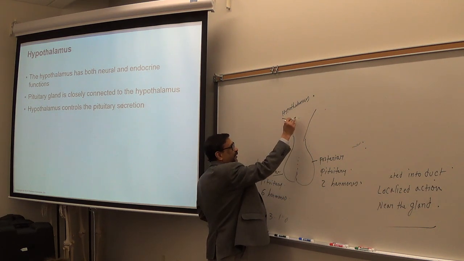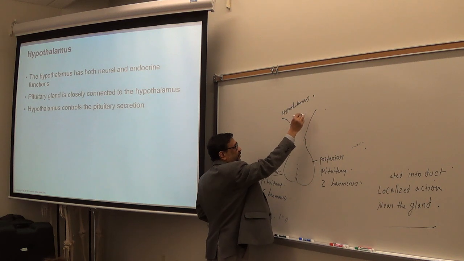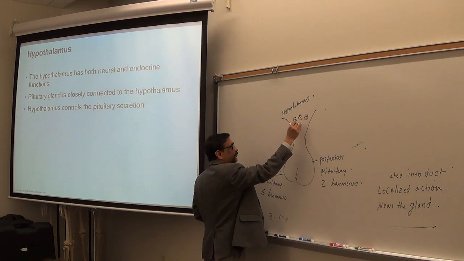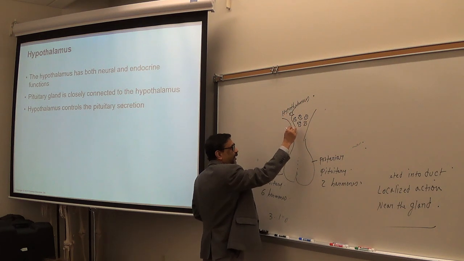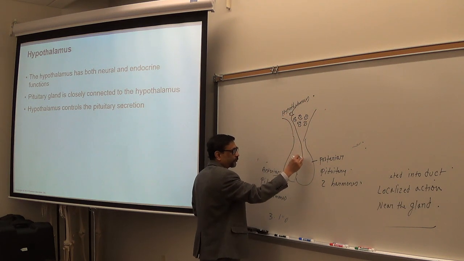How? These are the neurons in hypothalamus. Hypothalamus is a part of the brain, so these are the neurons, and these are the axons of these neurons.